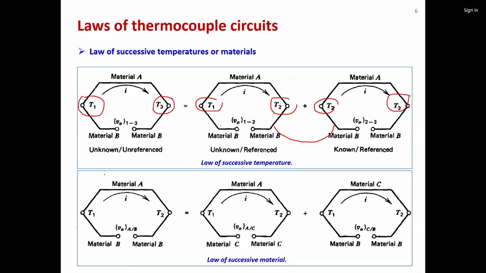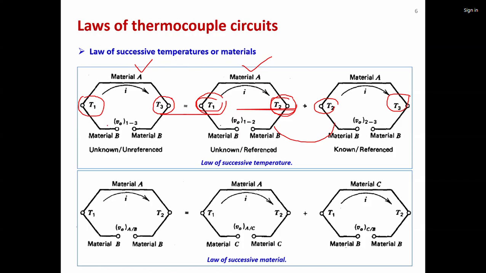So this is the thermocouple table. But in your case, your hot junction is something that you want to measure, and the cold junction is at 25 degrees centigrade, not at 0 degrees centigrade. So this is the circuit that you actually have, and this is the one that is shown in the table. Your table is really made with T3 as 0 degrees centigrade. So how do you approach?